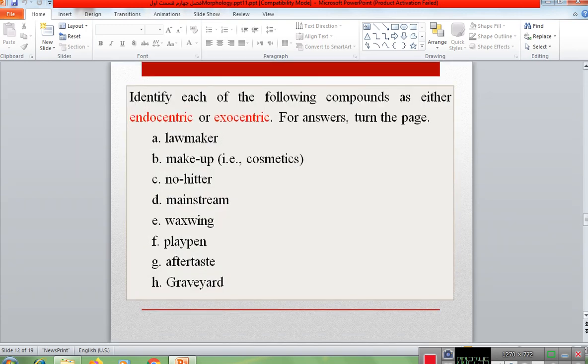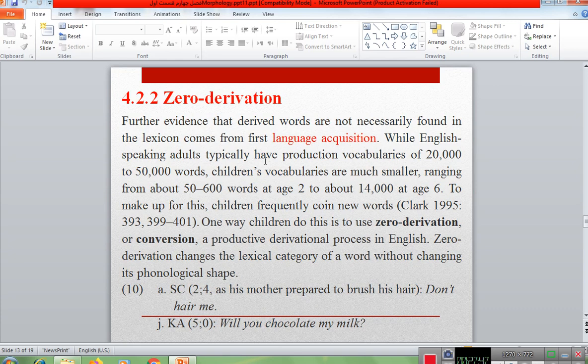And the last phenomenon which I talked about is zero derivation. As I told you, when we change the category of the word without changing the sound and the form of the word, we call it zero derivation or conversion.